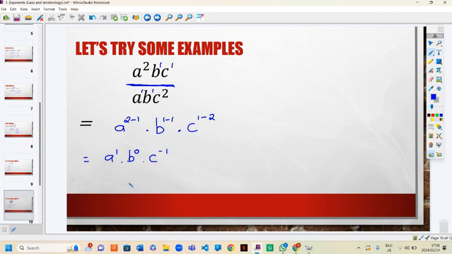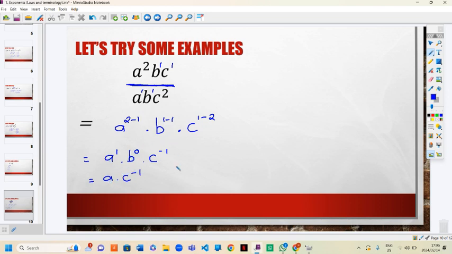Fantastic. Now let's simplify this a little bit. What is anything to the power of 0? 1. So we've got a multiplied by c to the power of negative 1. The 1 doesn't matter there. So 1 times a is just a.